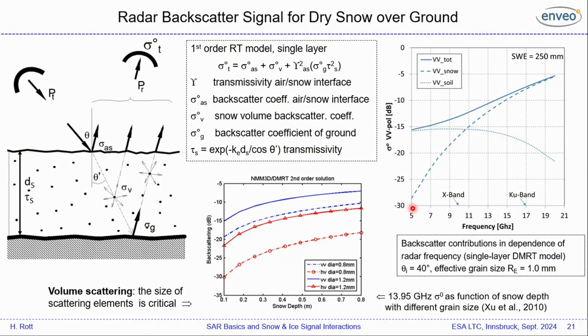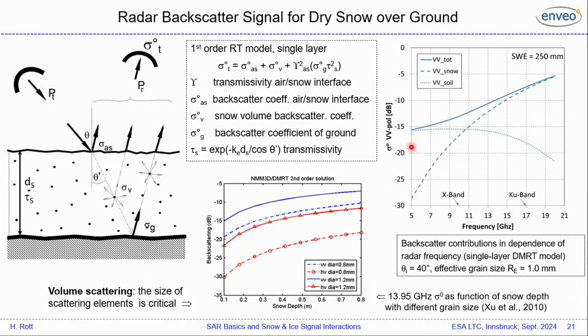Now this is here from C-band up to Ku-band. This is a model computation with a dense medium radiative transfer model, 40-degree incidence angle, assuming a grain size of 1 millimeter, to show the different contributions for a snow mass of 250 millimeters, which would be about 1 meter of our dry winter snow, typically before the freezing starts.